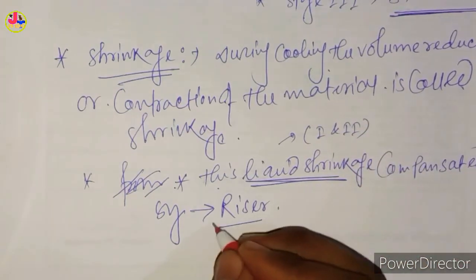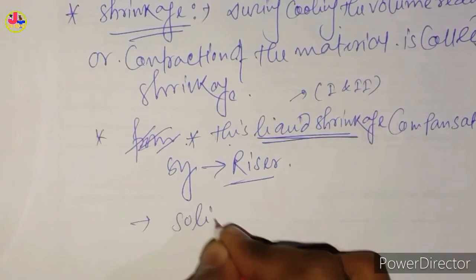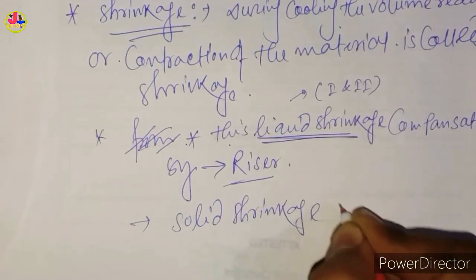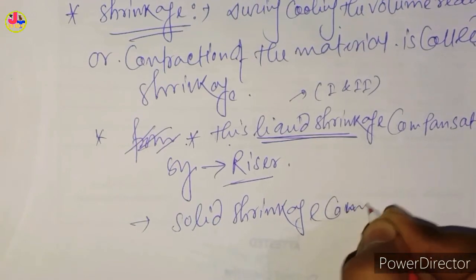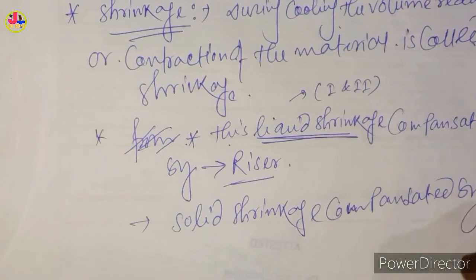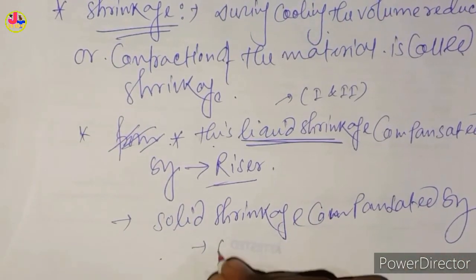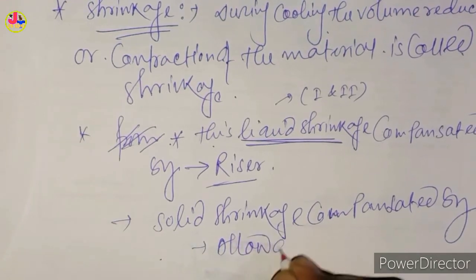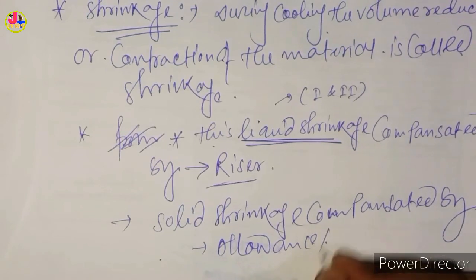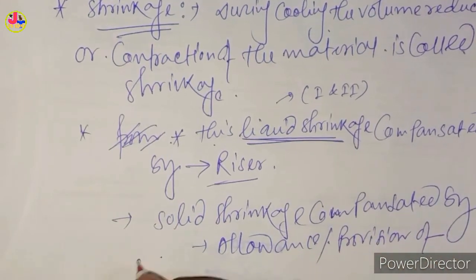And the solid shrinkage is compensated by the provision of allowance, meaning allowance in the size of the casting.